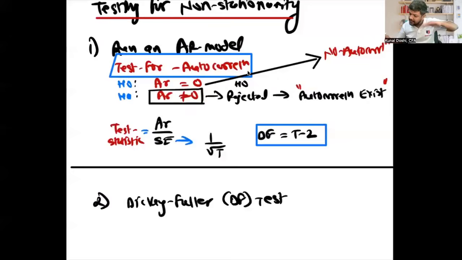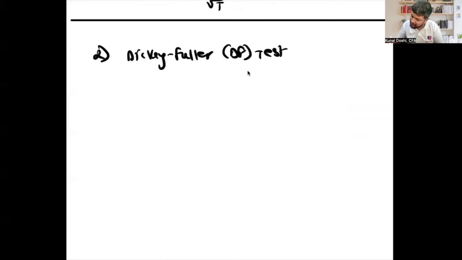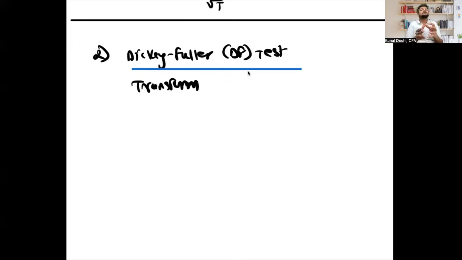Okay, I'll also write it here. Under the Dickey-Fuller test, what do we transform into? We transform, see guys, our b1 equals 1 into b1 minus 1 is equal to 0. So here what we did is that we transformed our model to the AR model by subtracting xt minus 1.